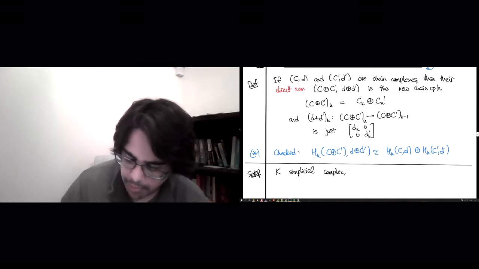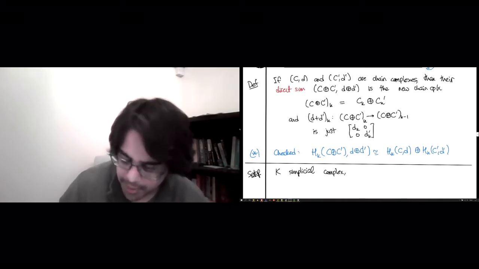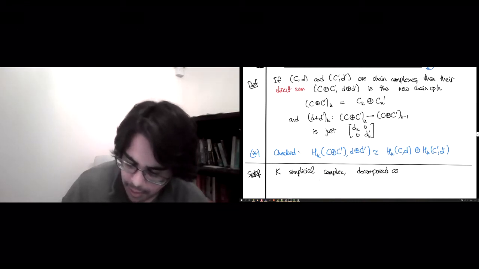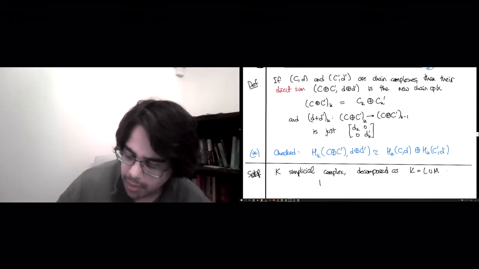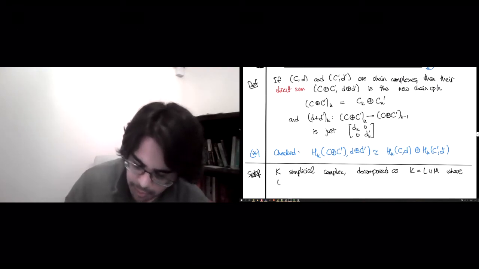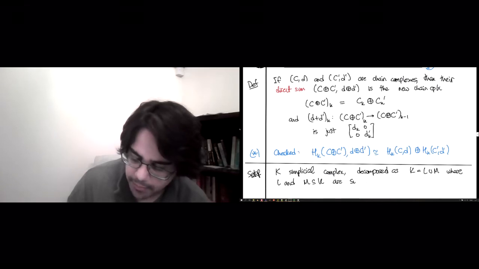And it has subcomplexes, and it's partitioned into them. So it's decomposed as K equals L union M, where L and M subset of K are subcomplexes.